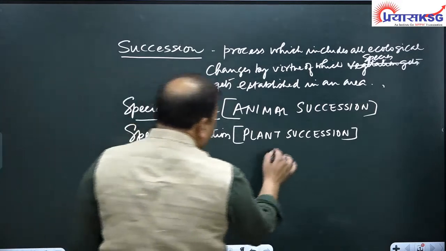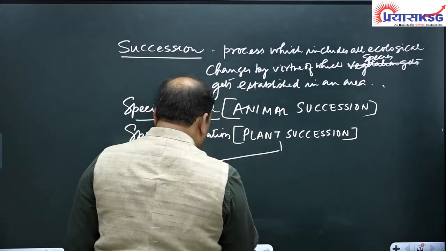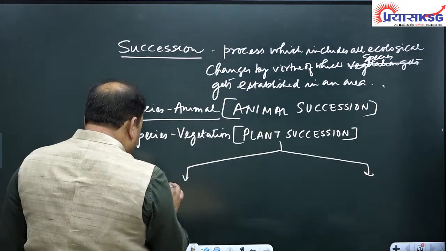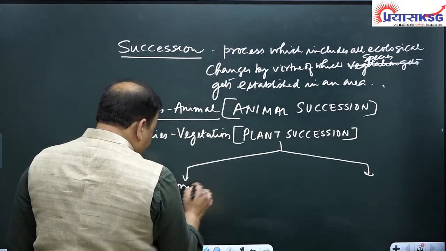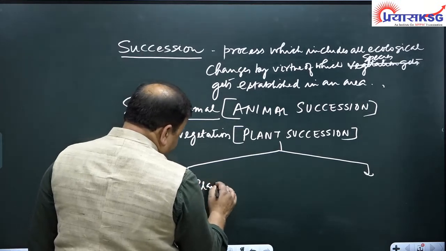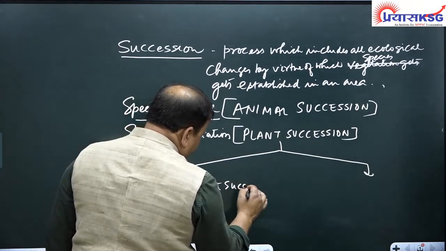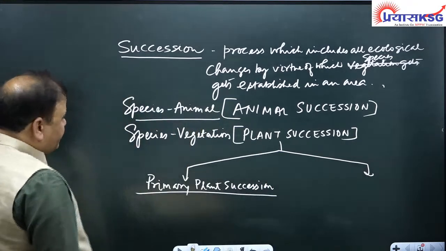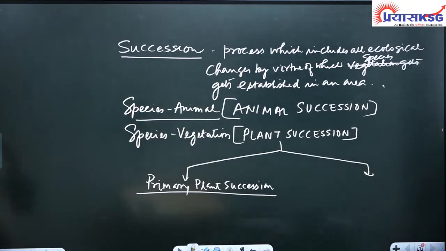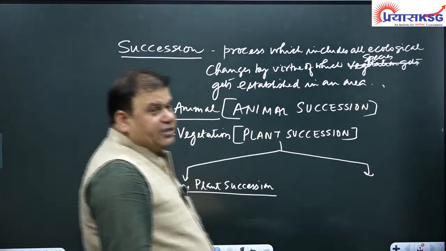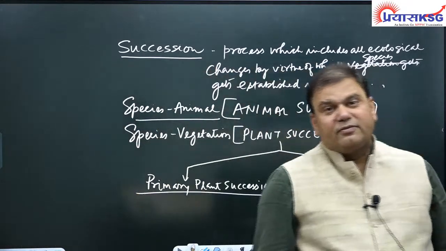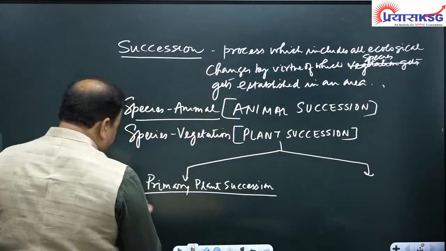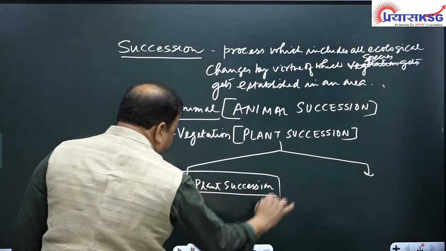And plant succession can be also of two types. दो तरह के हो सकते हैं ये. First is what? First is primary plant succession. So in this case, the establishment of vegetation would be taking place in an area where there was no vegetation from the very beginning. Clear? Write down one line about primary plant succession.